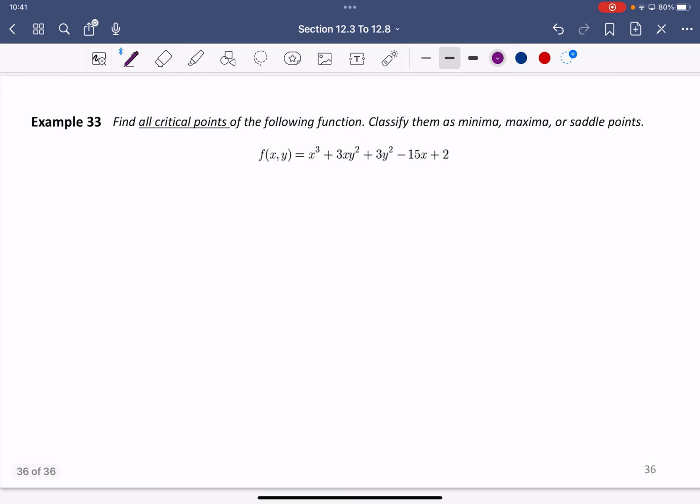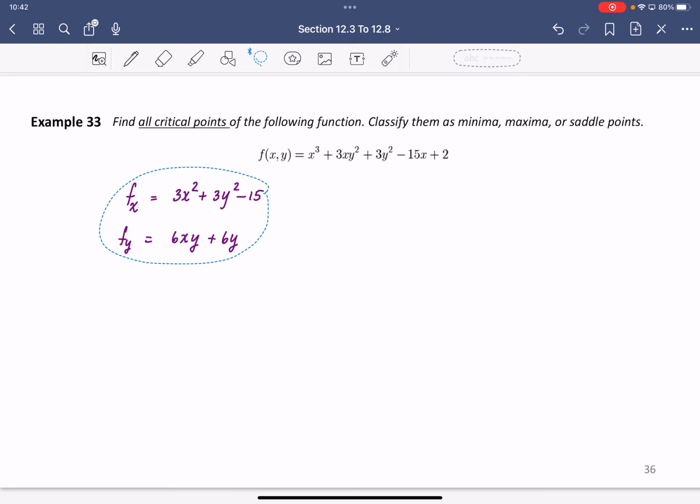So you differentiate f with respect to x, and you get 3x squared plus 3y squared, and then minus 15, right? And then differentiate with respect to y, so you're gonna get 6xy and then plus 6y. All right, so this is actually the first order partial derivative.